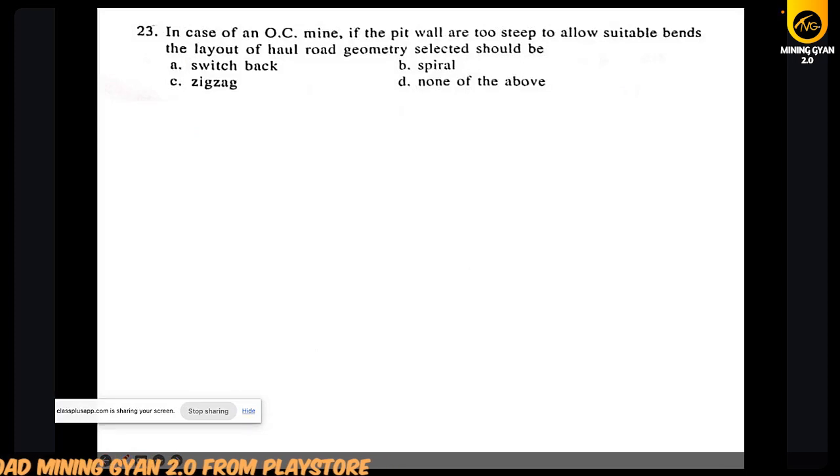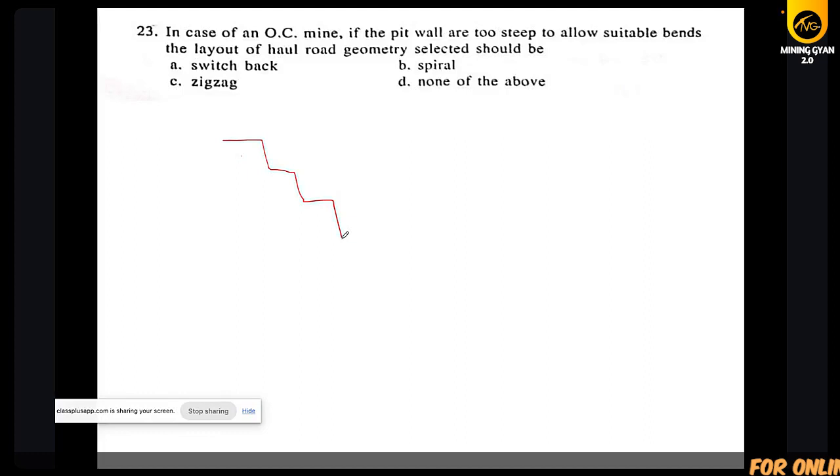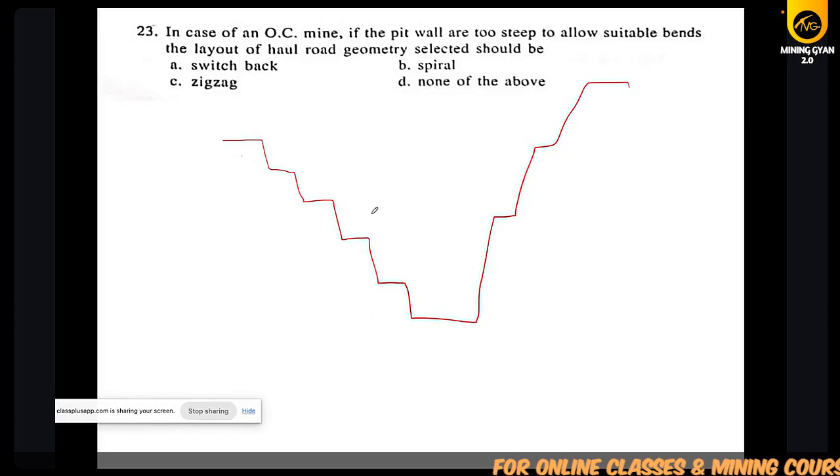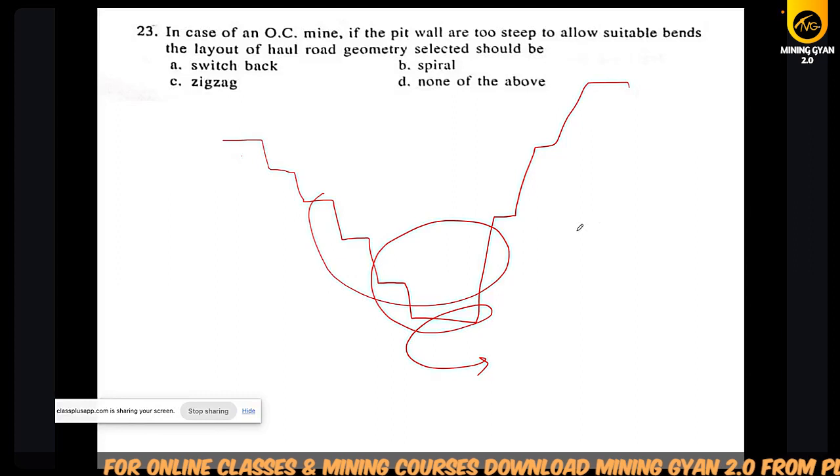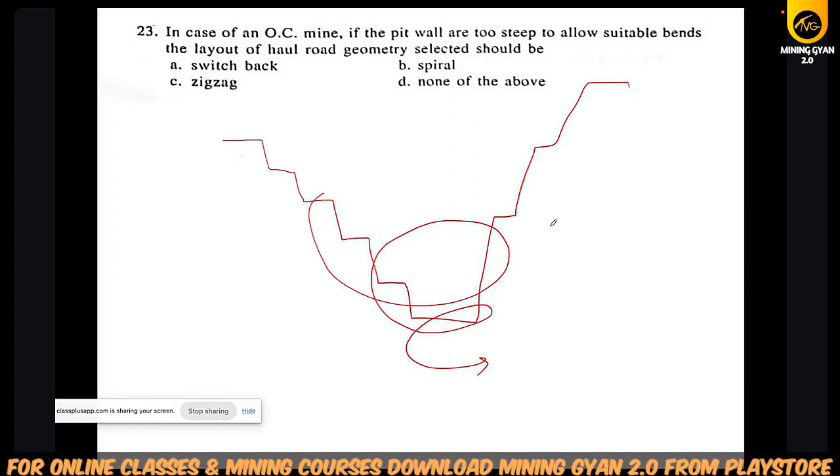So if your pit is very steep, then you have to go in a spiral, because you have to maintain the gradient of the road. In a steep gradient, the spiral will help to reach your ore body, your pole block.